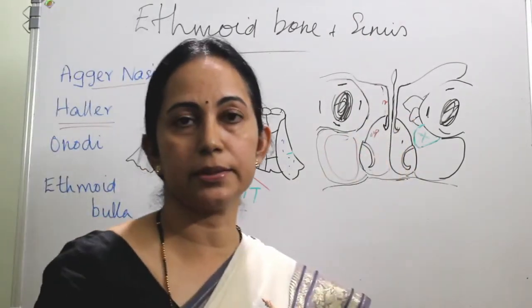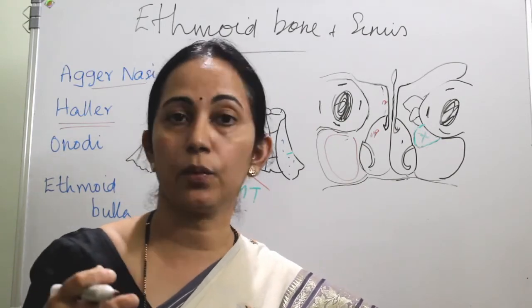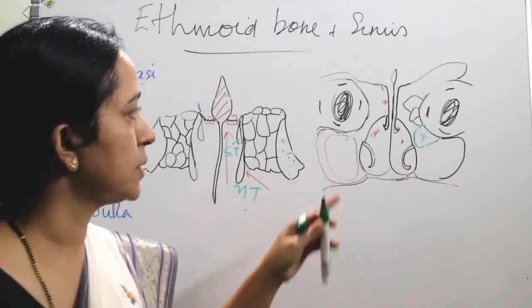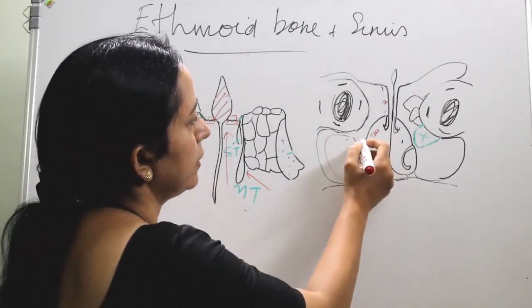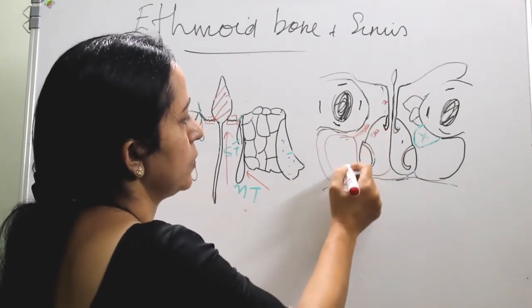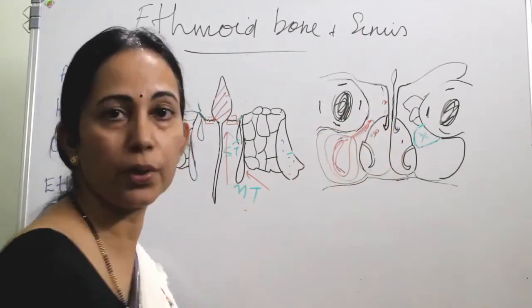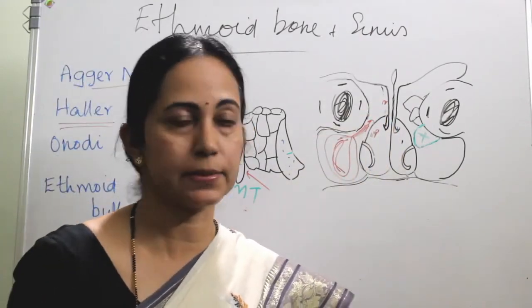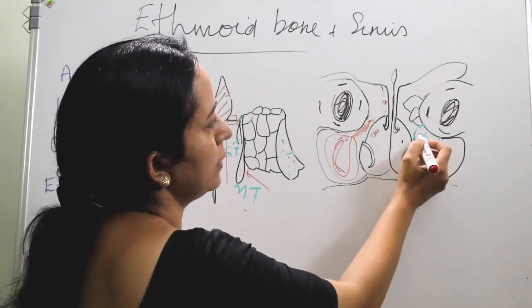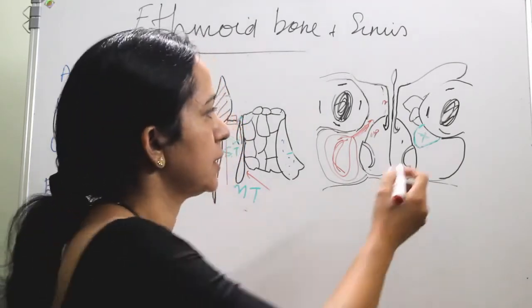I have explained the drainage of the maxillary sinus with the anatomical details along with my class on maxillary sinus and maxillary bone. So here this is the ethmoid infundibulum, isn't it? So in the normal course, it should drain into the ethmoid infundibulum, then to the middle meatus. So here what happens? This ethmoid infundibulum area is blocked by the Haller cell. See here.